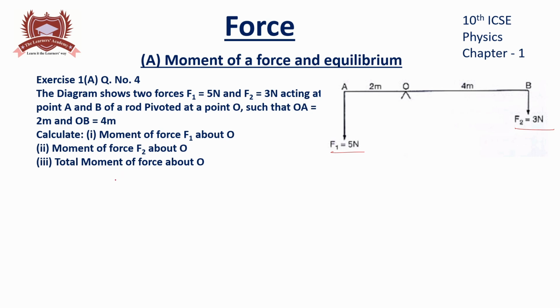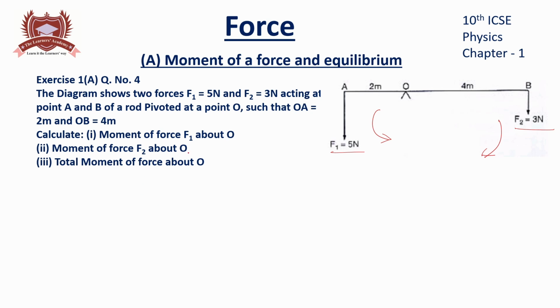Now let us first establish what would be the directions of these moment of forces. So for the first force, since it's pushing it downwards, it would produce an anti-clockwise moment of force at point A, and at point B we would be getting a clockwise moment of force because of this second force F2 that is there.